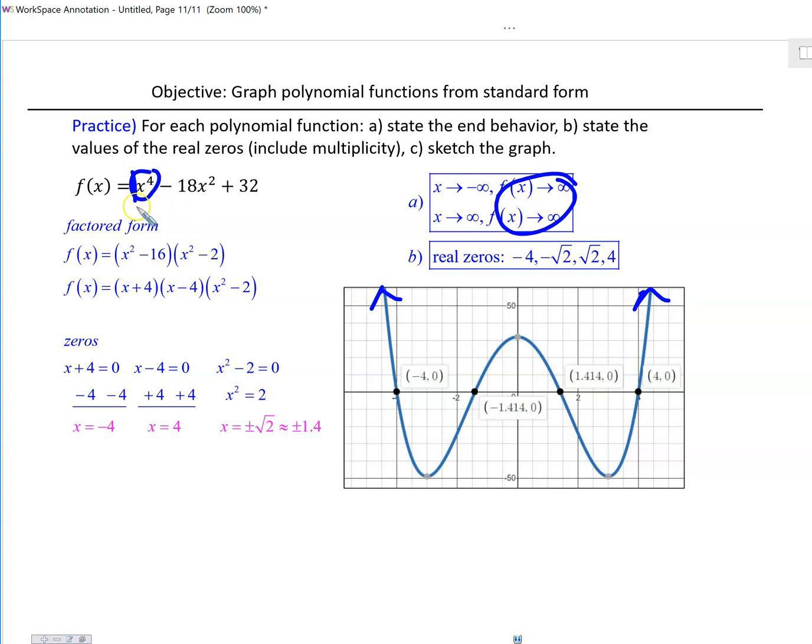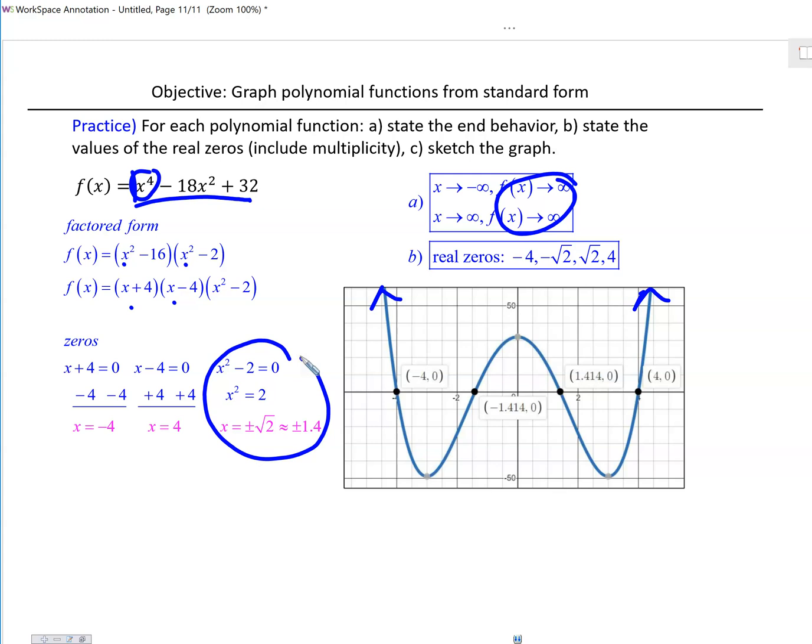Also, this trinomial has a quadratic structure where we'd use x squared and x squared as our factors for x to the 4th. And for positive 32, you should have used negative 16 and negative 2. This one shows factoring x squared minus 16 into x plus 4 and x minus 4, which is fine, but you can also have used the square root property on it, like was used here on x squared minus 2, which would not factor because it's not a difference of 2 squares.